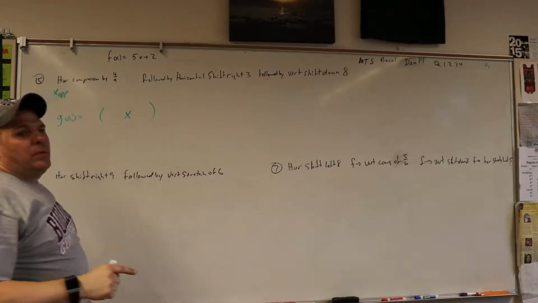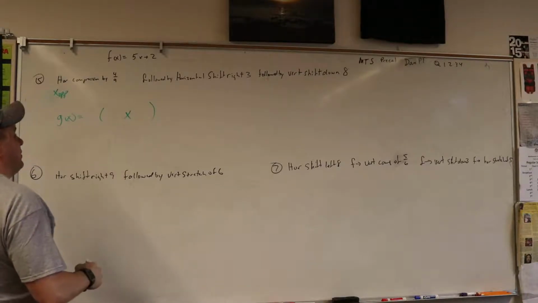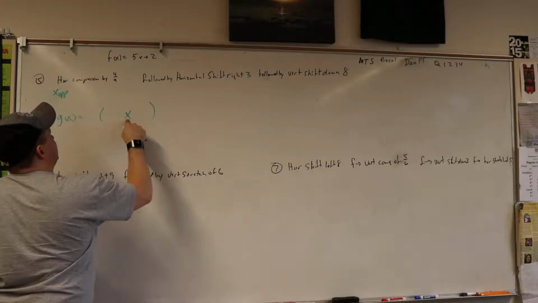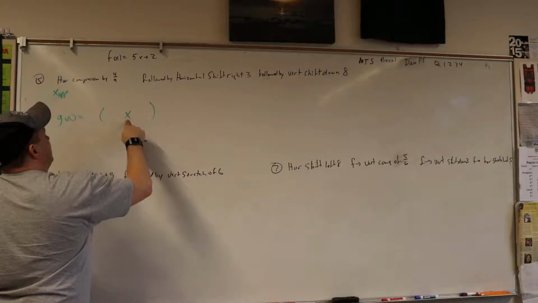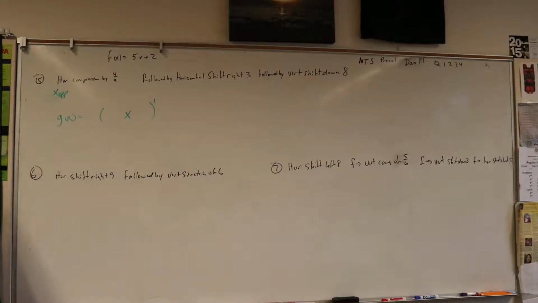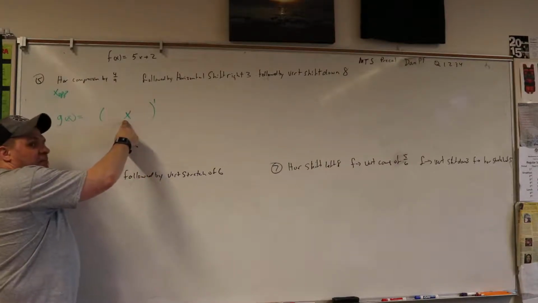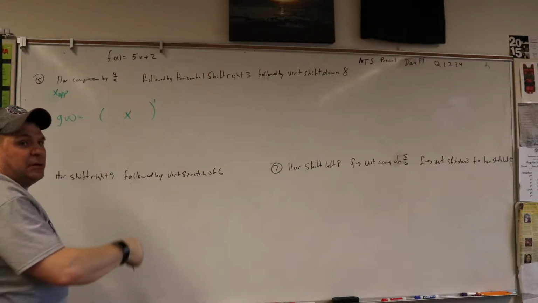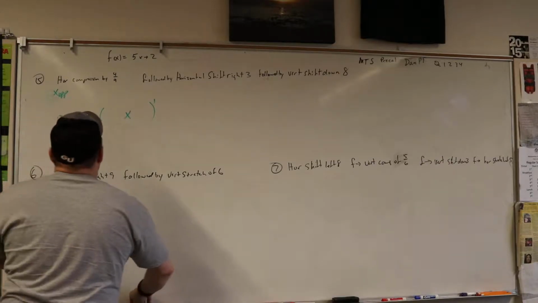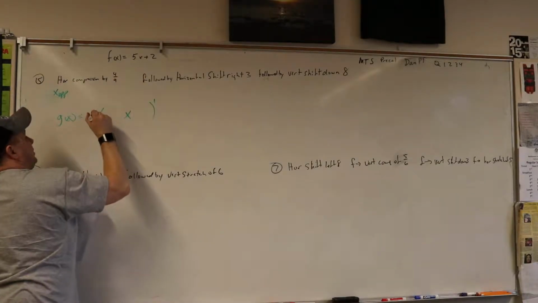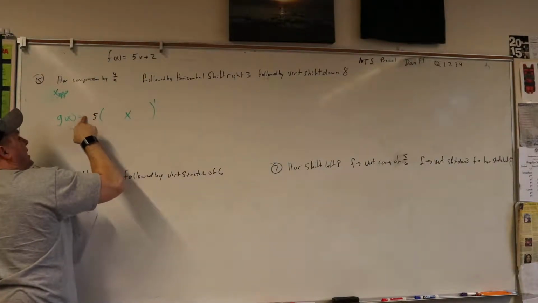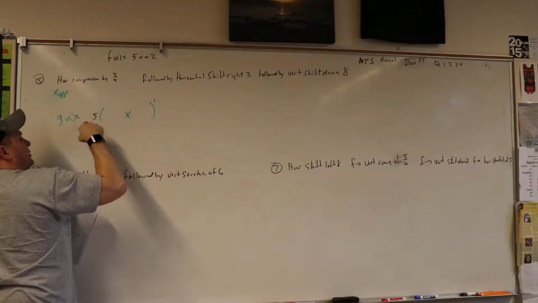Now, when we do that, remember, this x is where the 1 is, right? If that were squared, the 5 would not be part of it, correct? So that 5 goes right here. So we keep that space, okay?